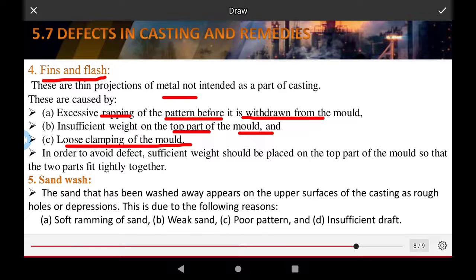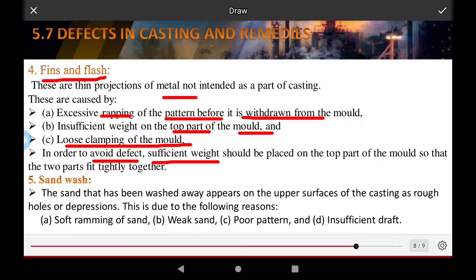To avoid this defect, sufficient weight should be placed on the top part of the mold so that the two parts fit together.